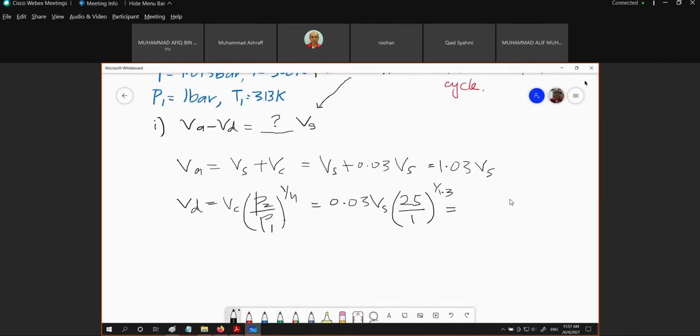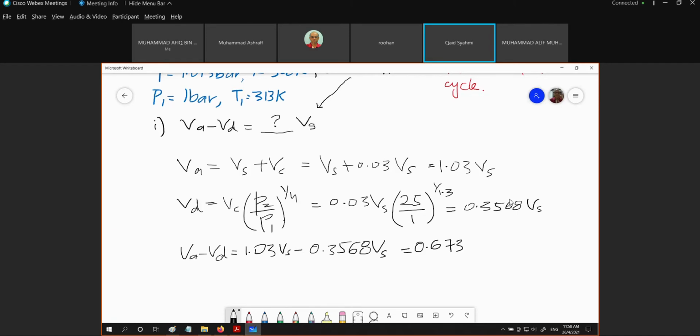What is that? VD is 0.3568 Vs. So now we can write VA minus VD is equal to 1.03 Vs minus 0.3568 Vs. What is that? 0.6732.